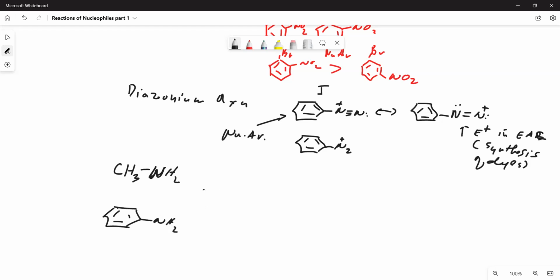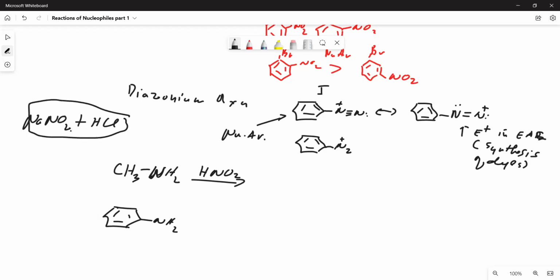If you react this one with nitrous acid, which is produced in situ, just like the Lewis acid, remember, Fe plus hydrochloric. Nitrous acid can be produced by mixing sodium nitrite and hydrochloric acid. So when you mix this in a test tube and you drop methylamine, your methylamine will become methyl diazonium salt.